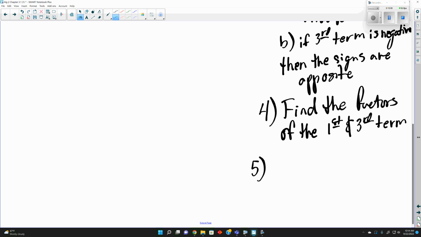Now go on and put the last step: check. Our last step is to check, and we're checking to make sure we factored it correctly. Questions on this so far?